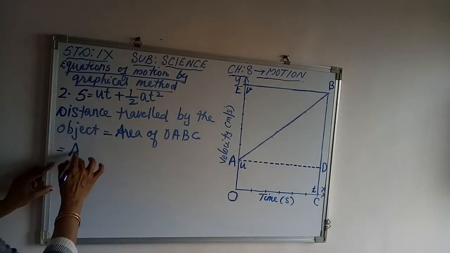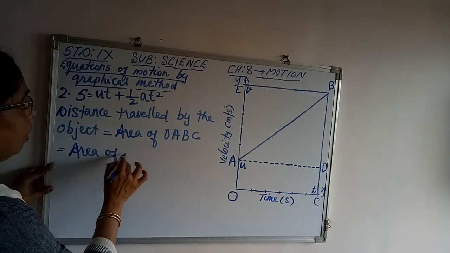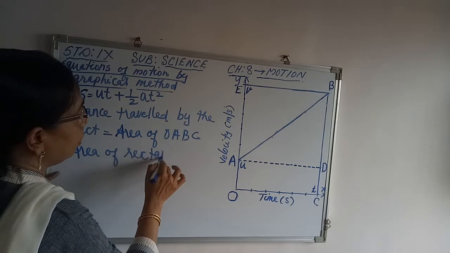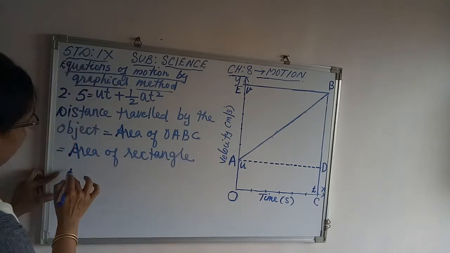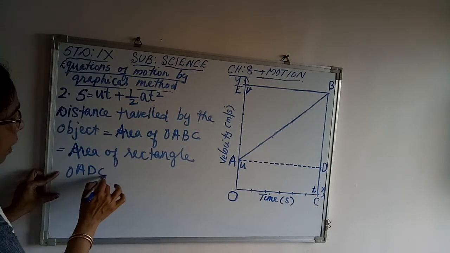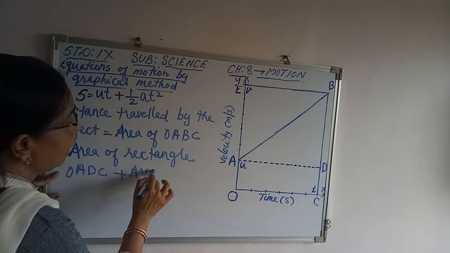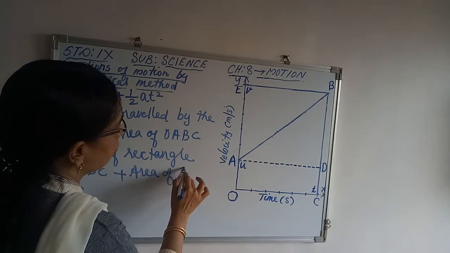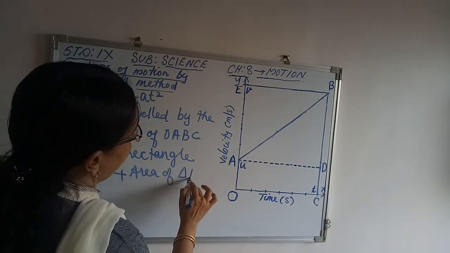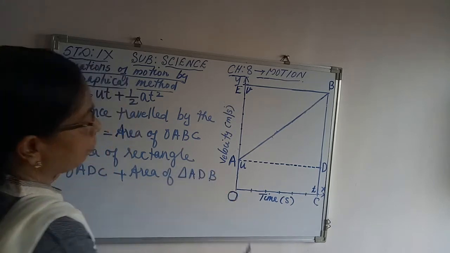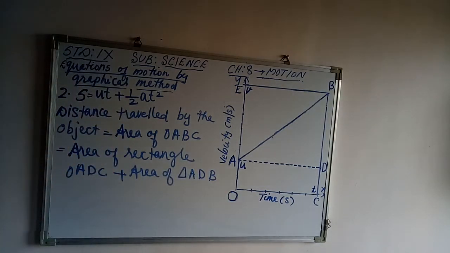So it can be written as area of rectangle OADC plus area of triangle ADB, isn't it? So the distance traveled can be denoted by the letter S. We can substitute the values.